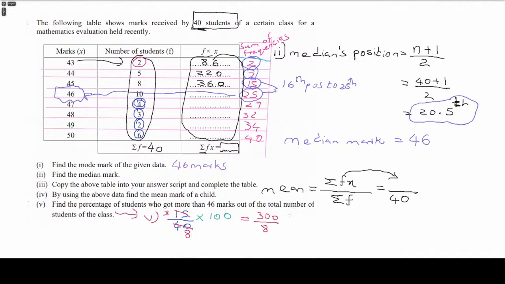What is 300 divided by 8? 30 divided by 8 is 3. That is 35. Is it? 300 divided by 8. That's 3, 3 times 8 is 24, 6 remaining. Yes. So that's 35%.